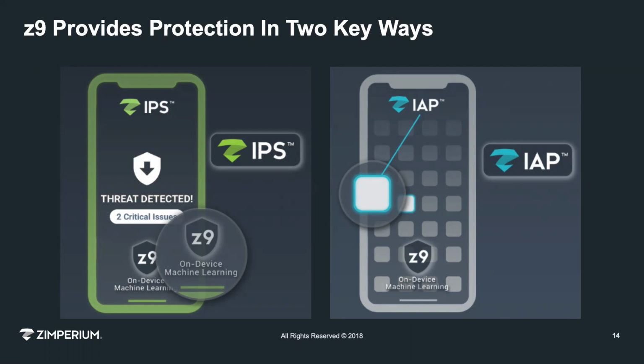Think of apps that your customers may be downloading to do transactions, consumer banking applications, retail applications, anything really, where Z9 can be embedded into the application using the SDK. The SDK can then provide detections to the application, and the application can protect itself at runtime against any number of threats on the device.